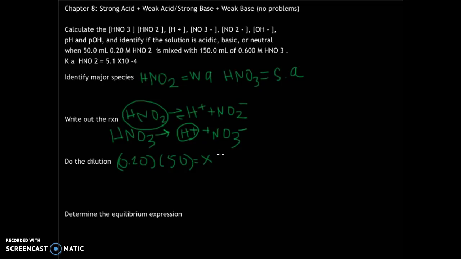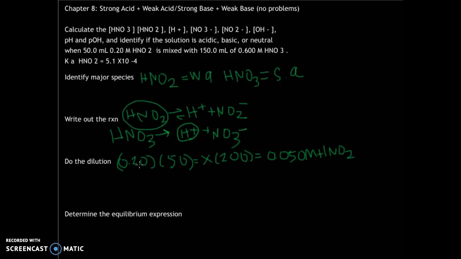New volume, 50 plus 150 is 200. Okay? So the nitrous acid, if you calculate that out, I think it ends up being 0.050 molar nitrous acid. Ooh, easy. I put a 3 there, HNO2.